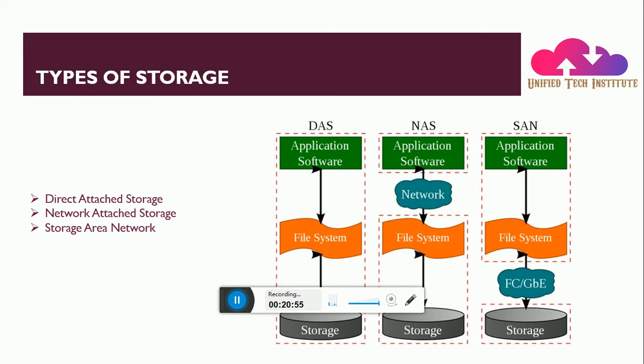On that platter they draw concentric circles and vertical lines, which we call tracks and sectors. I will explain in depth in the storage class, but right now I'll just give an idea, so that you can do some research on it.